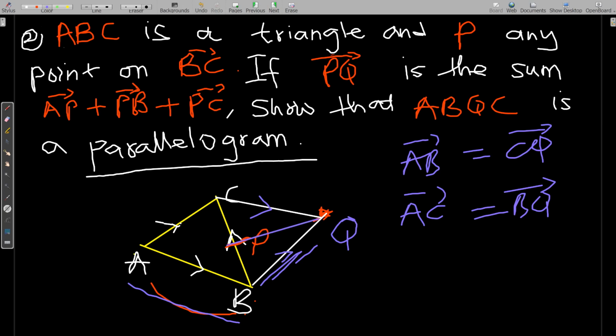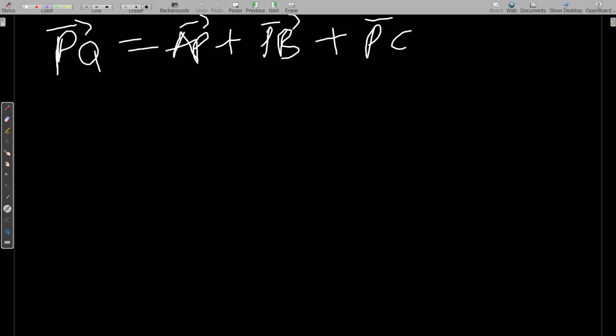This is PQ from P to Q. Now let's take the triangle out and draw something. From the triangle, we have BC going in this direction, and we have C to Q, and Q to B, like this.